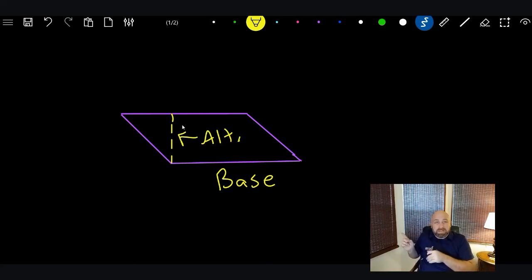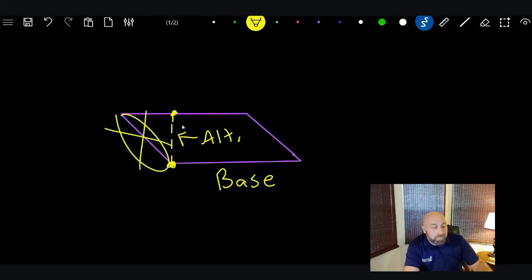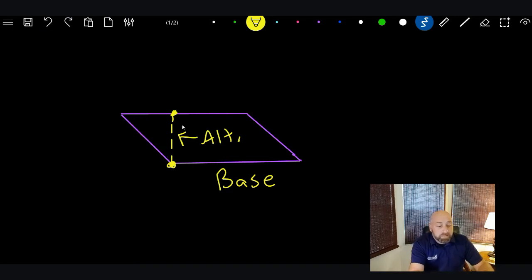Now, we just talked about distance a second ago. What is distance? Again, these are parallel lines, so it's a perpendicular. That's why this is not an altitude, because it's not perpendicular. It has to be this perpendicular line, because again, we're measuring distance, and altitude is a distance measurement.